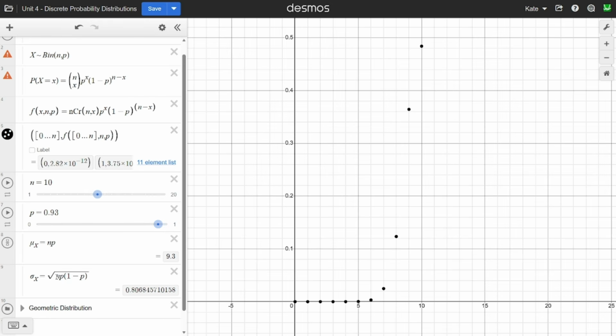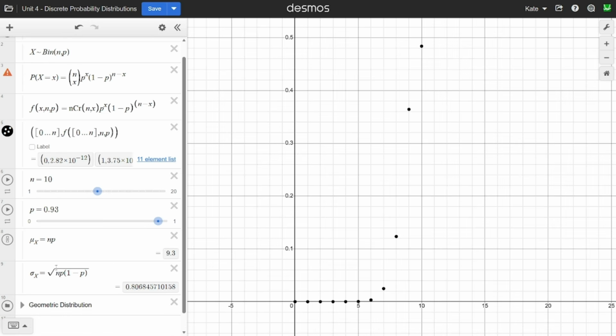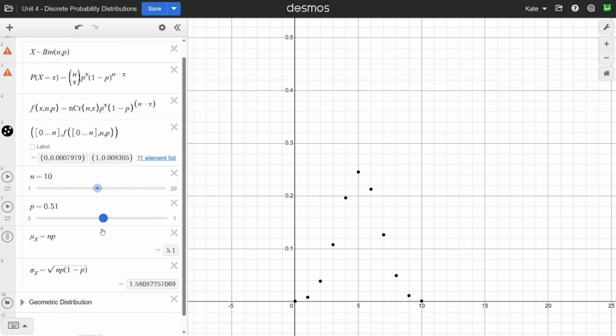If we look at this equation here, it's the square root of np(1 minus p), or npq. Now, n is constant here, but p times 1 minus p, or pq, is going to have a maximum at 0.5. It's quadratic, the maximum is there, and that means our standard deviation is also going to have a maximum at 0.5, which is why we see the most spread here.